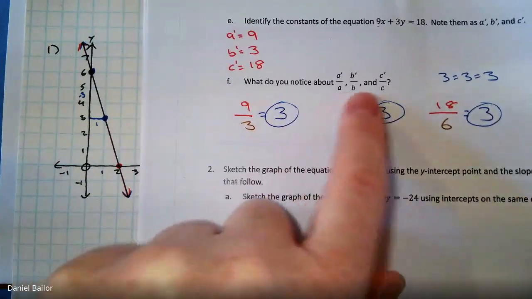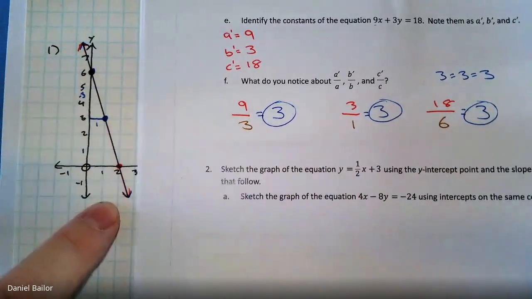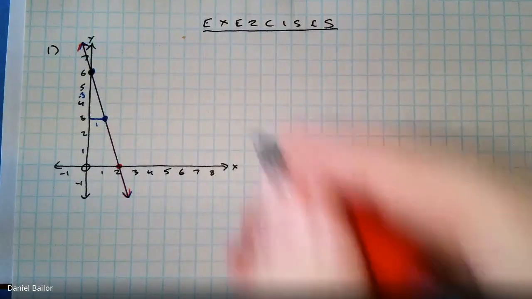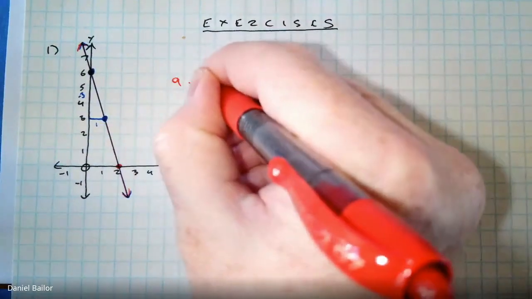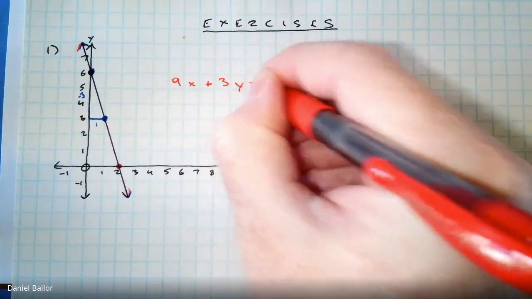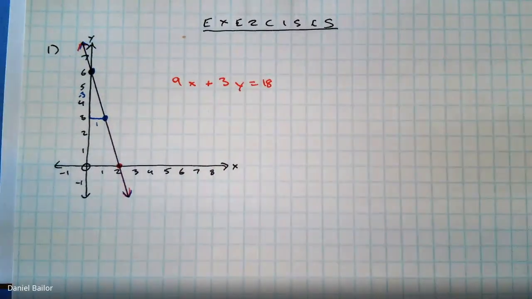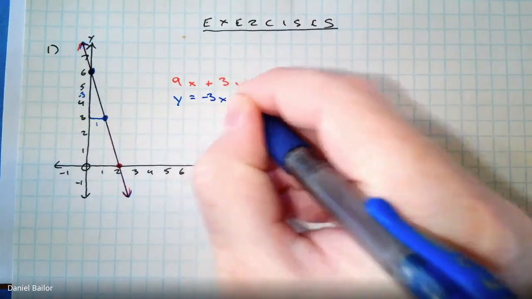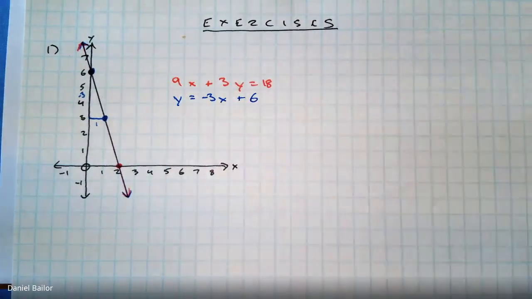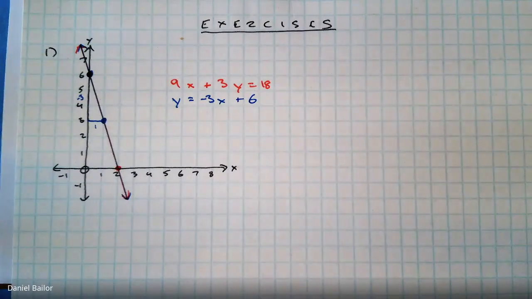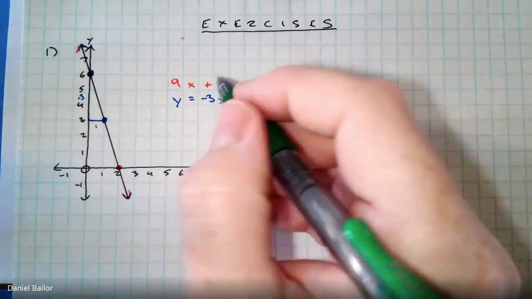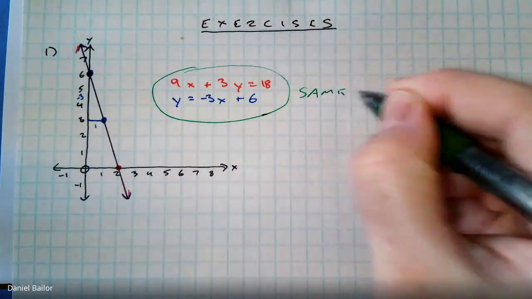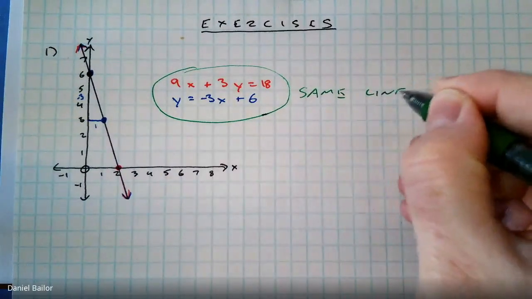Equivalent fractions, 3 equals 3 equals 3, same line on the graph, which means the first equation we had, 9x plus 3y equals 18, and the slope-intercept form, y equals negative 3x plus 6, they are the same equation. These are the same line, and we proved it two different ways.